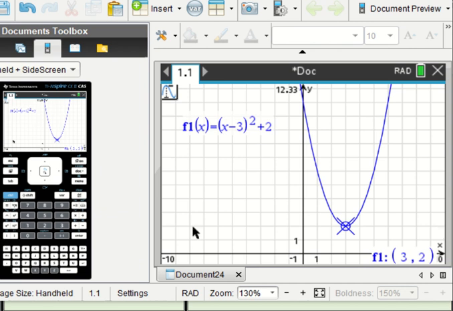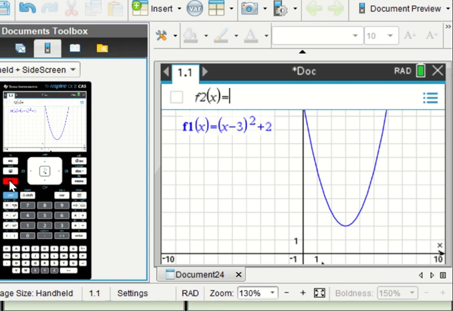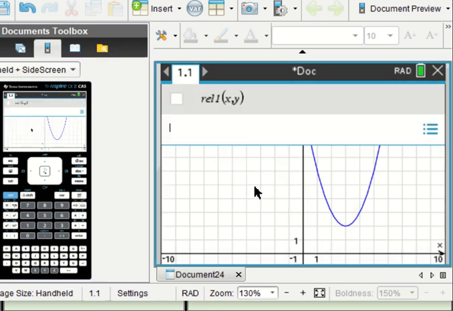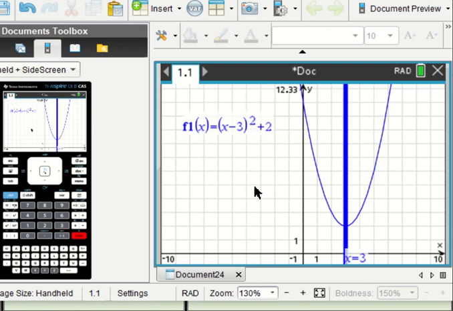So when we think about our axis of symmetry, the axis of symmetry goes through the vertex. So if I press tab, delete my equal sign, go to relation, I can graph the line x equals 3. And that is the axis of symmetry for the function f.